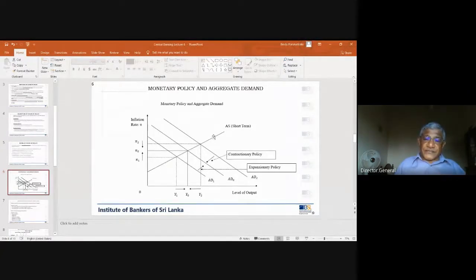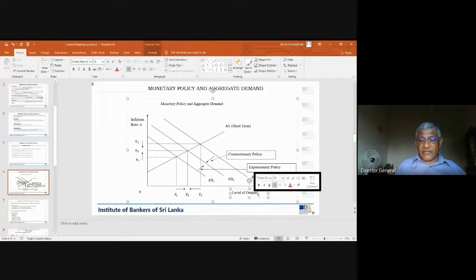Okay, let's look at this graph. On the vertical axis, we can see the inflation rate, and on the horizontal axis we have the level of output. We know that level of output.